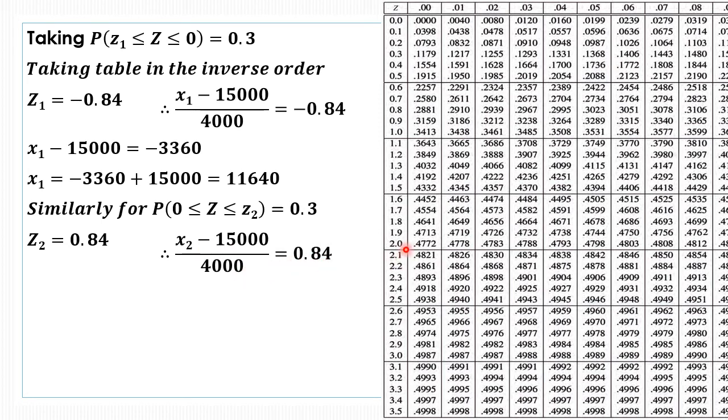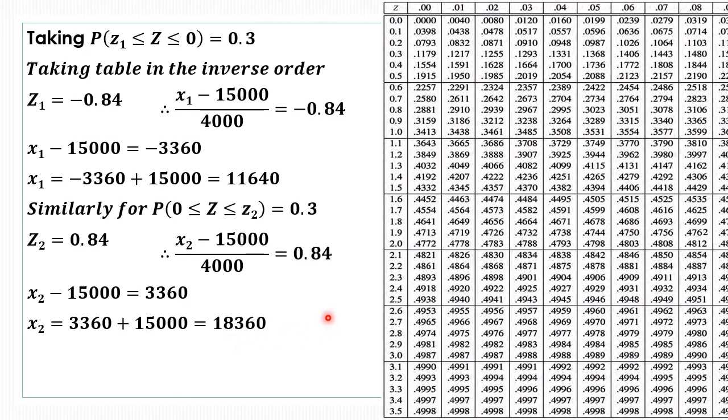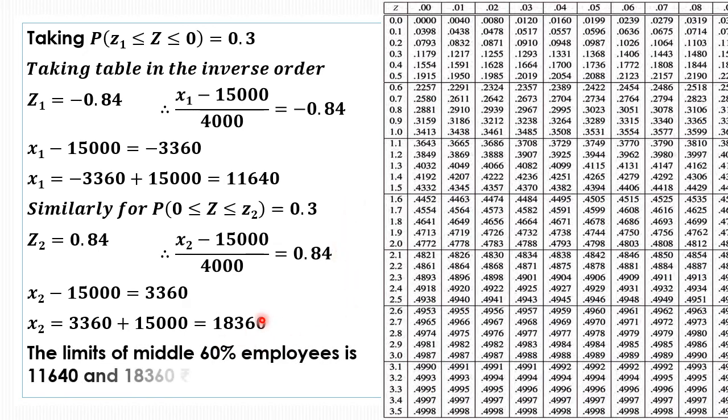Multiply 4,000 with positive 0.84, so it will be 3360. Then add 15,000 to 3360, you will get 18,360. So the limits of the income of the middle 60% employees are 11,640 and 18,360 rupees.